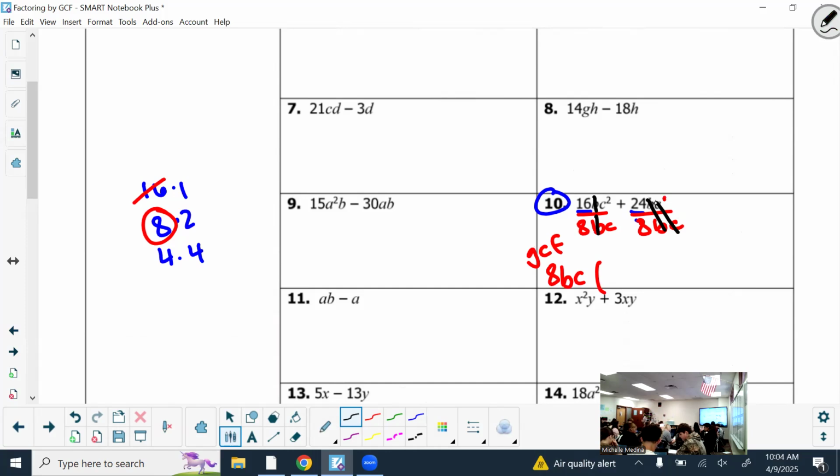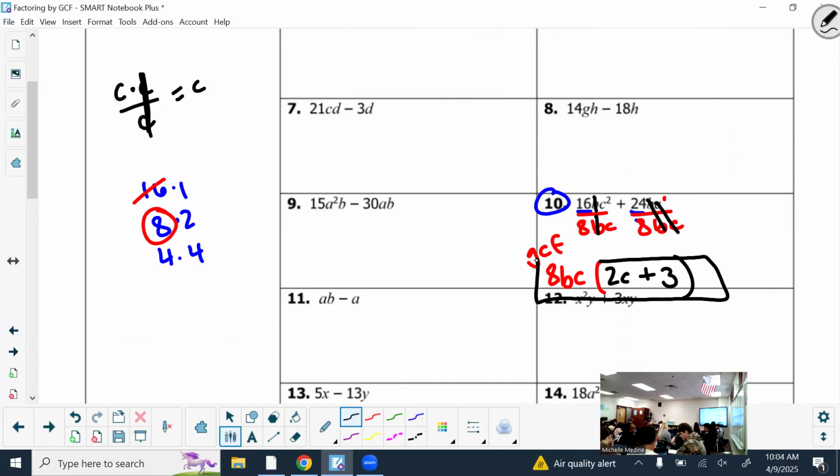So class, 16 divided by 8, c squared divided by c. Through the visual, if that helps, c squared divided by c gives me c. And then 24 divided by 8. And that's it, because I already canceled out the b and the c in that one. So that is my factored form of that one. Again, you could distribute and check it, but this is the answer.